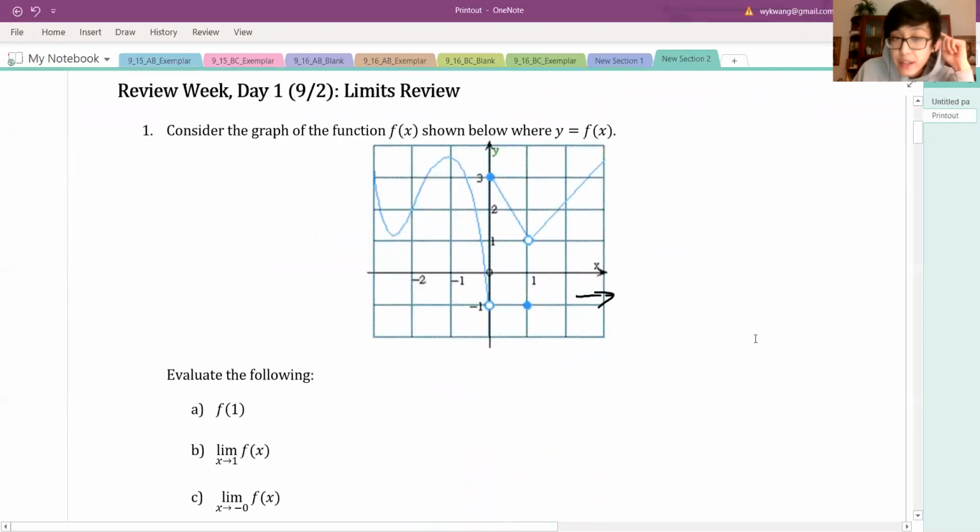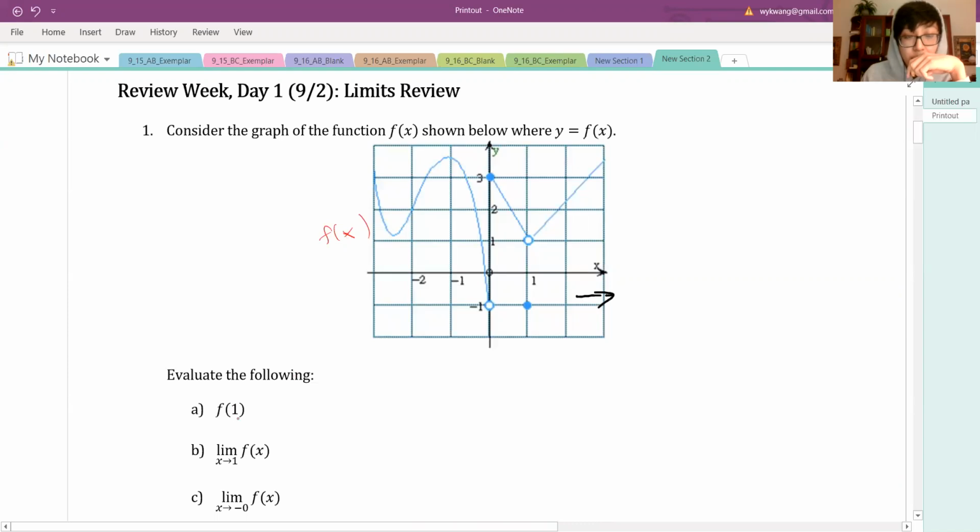Okay, so the first thing was the limits review, and you'll notice that this graph is different from the graph that I uploaded for your homework packet, but the same concepts apply. So consider the graph of the function f of x shown below where y equals f of x. Okay, cool. That just tells us that this function is f of x. Evaluate the following, f of 1.